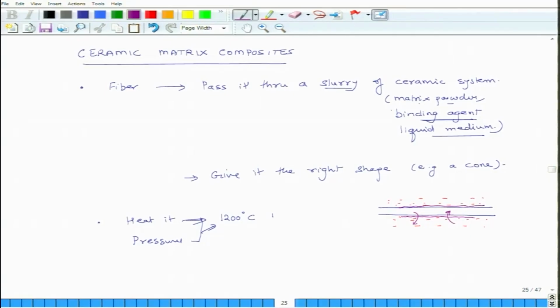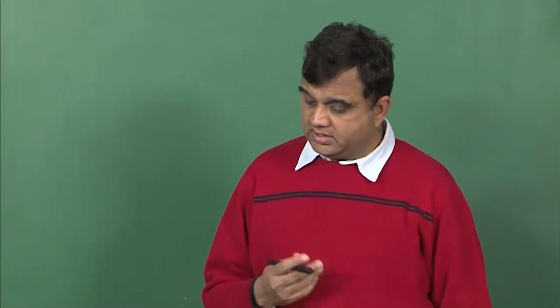All the extra stuff, binding agent and liquid medium, goes away, and the only thing you are left with is matrix and fiber, and that is the product you can use at very high temperatures.